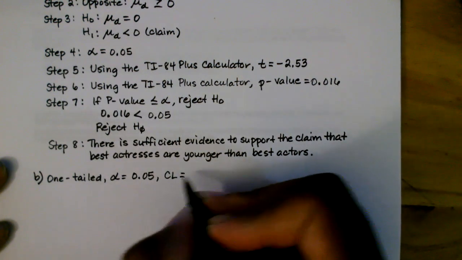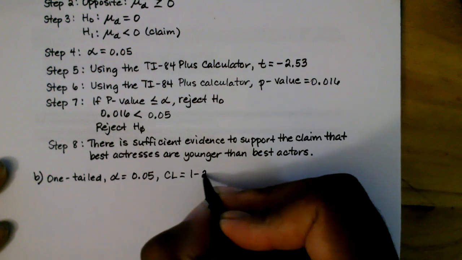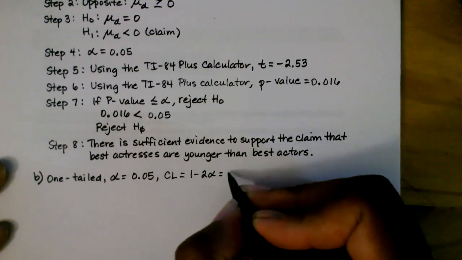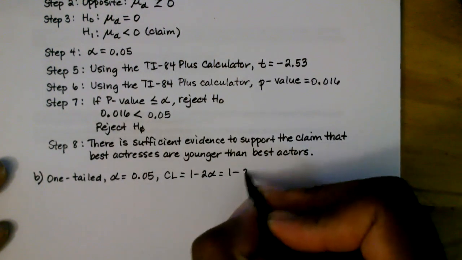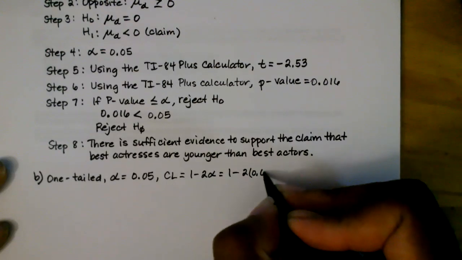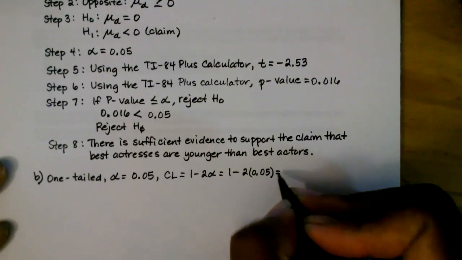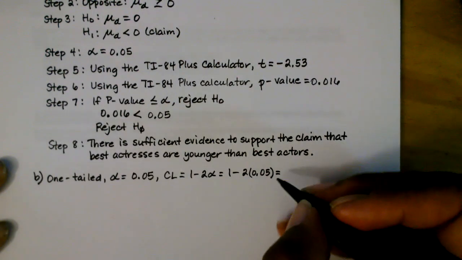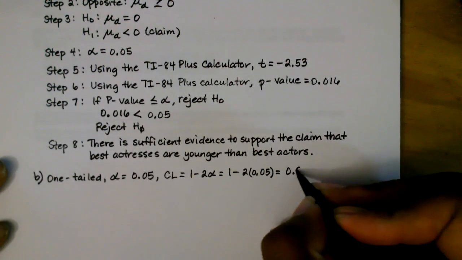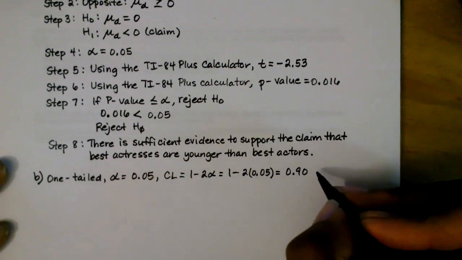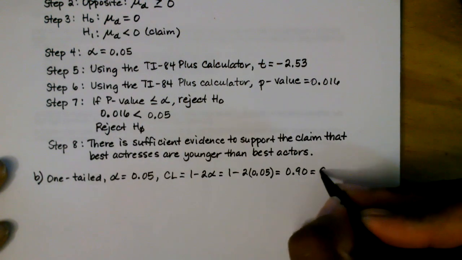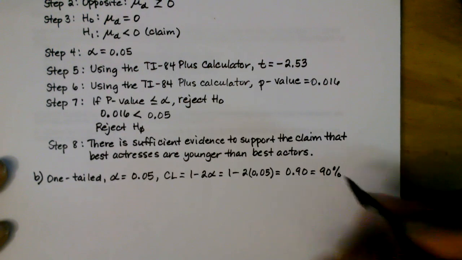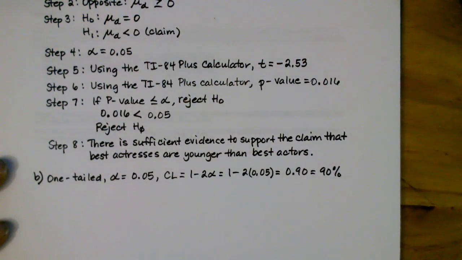So that means the confidence level will be 1 minus 2 times the alpha level, or 1 minus 2 times 0.05. If I type that in the calculator, that will be 0.90, which is 90% as a percent.